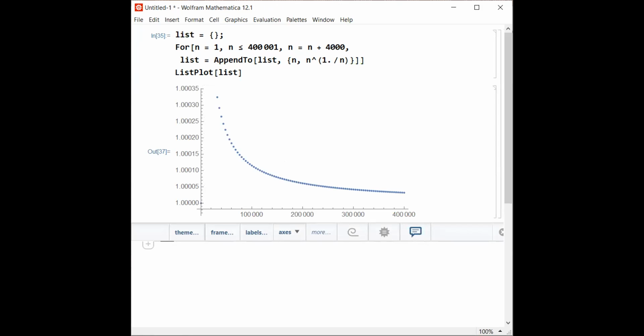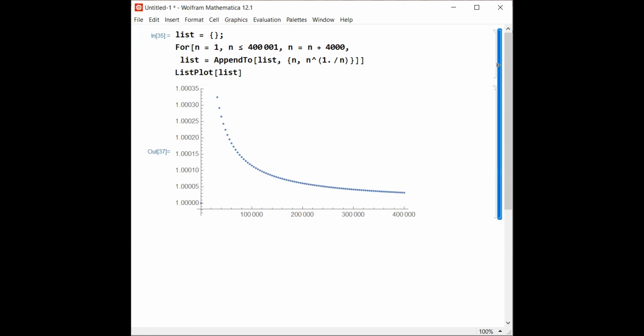Okay, so I see I'm going from 1.00035 to pretty close to 1. So I think this is strong evidence that n to the 1 over n is converging to 1. Yes? And again, this is the power of being able to write really simple code. Oh, so I'm going to stop the share.